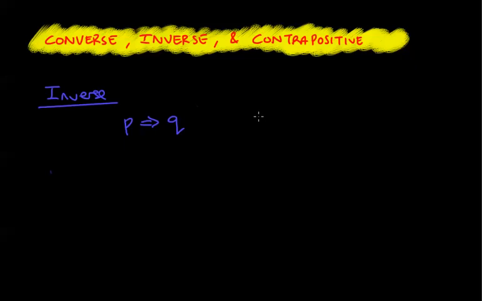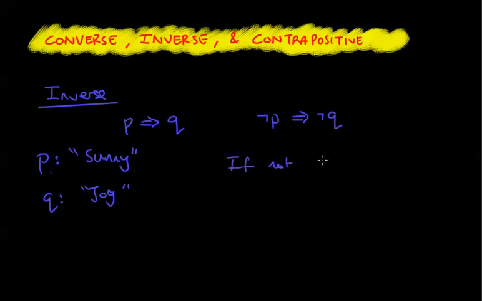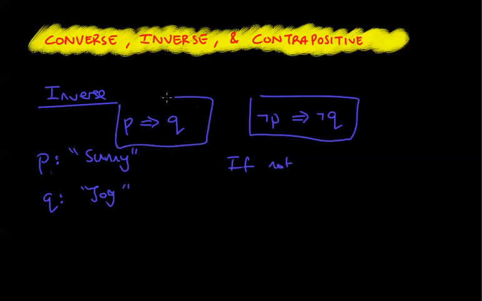Then the inverse would be not P implies not Q. So for example, if someone said to you P is a statement, sunny, and Q is a statement, I go for a jog, and someone said to you, write the inverse, then the inverse would be if it's not sunny, then I will not go for a jog. Simple as that. So that's one thing you need to remember. That's the inverse. Not P implies not Q. That's the inverse of P implies Q.